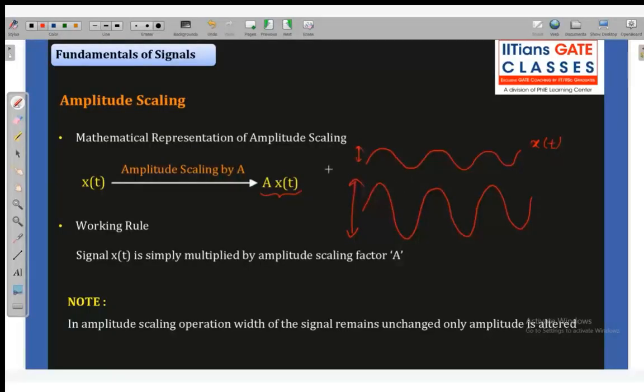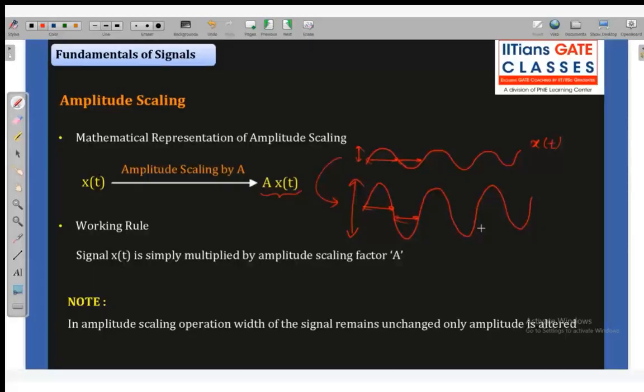So after amplitude scaling, this will be the effect. When you amplitude scale, the width of the signal remains unchanged. You can see that this width and this width remain the same.